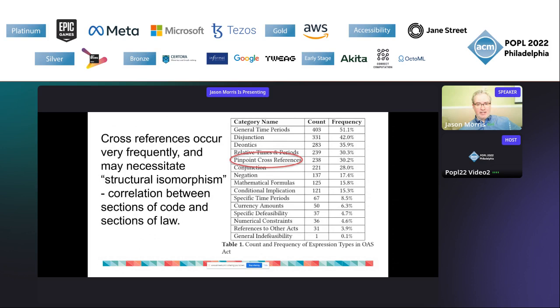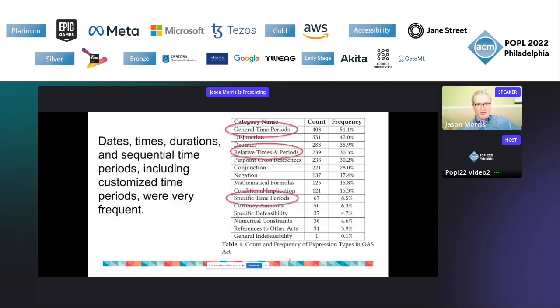And if in the code, I want to be able to refer to a section of legislation the way that the legislation does, then that's going to require that my code and the law have a structural isomorphism between them, where one section of one refers to the section of the other in a one-to-one relationship. So that's a feature that I think is going to be important for knowledge representation in law.